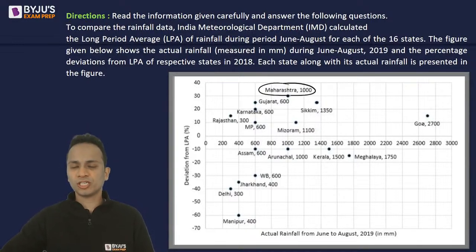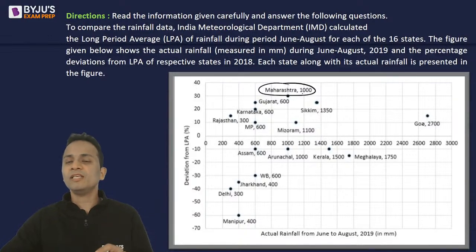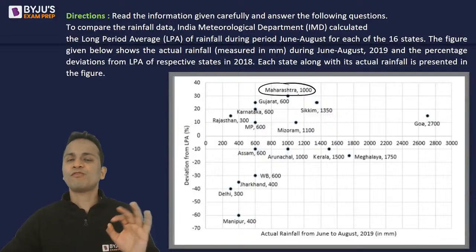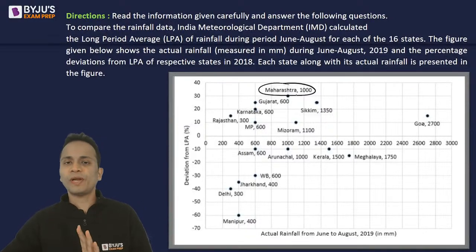The actual rainfall for Maharashtra is 1000 mm in the year 2019, in the period of June to August. This is the data for 3 months, June, July and August, and they are talking only about these 3 months for every year.